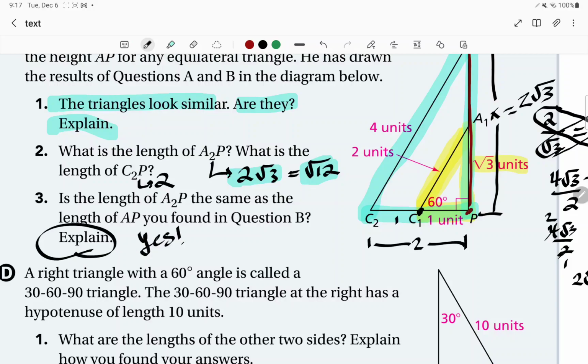The explanation is you can find the decimal of each one and compare them. The decimal of each one is going to be 3.464. That's an irrational number, so we use the approximation. Since the decimal is the same, they are the same value.